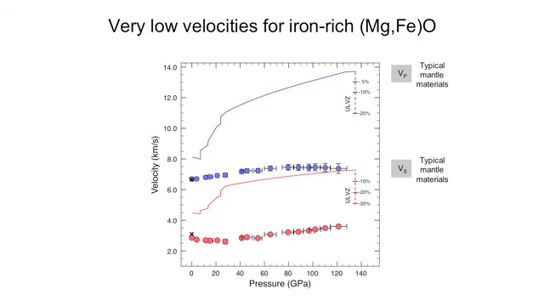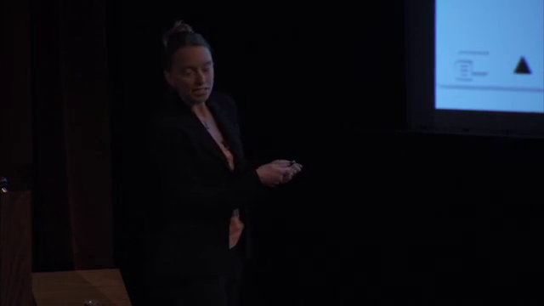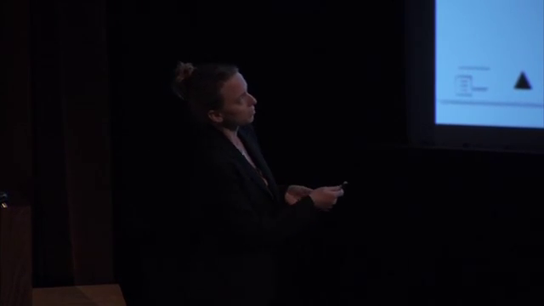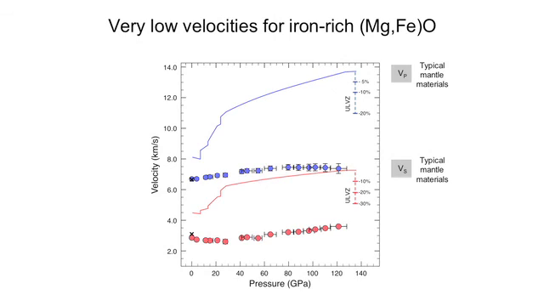And our measured P wave, so these are all the pressure waves, is more than 50% lower than average mantle material. So typical mantle materials fall in this box in this range up here.